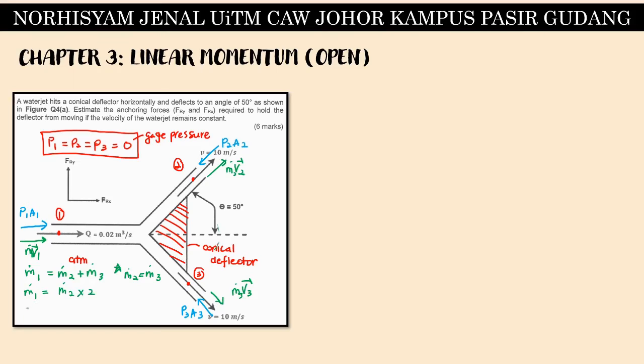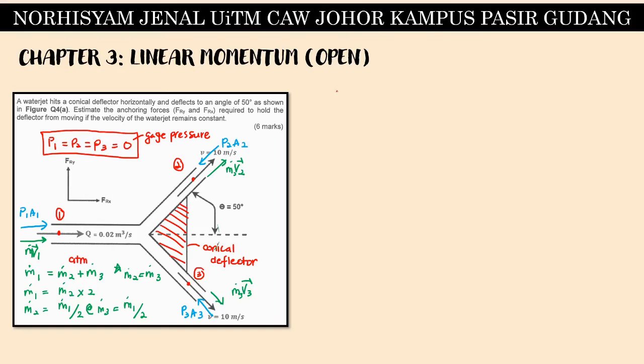So m dot 2 is equal to m dot 1 divided by 2, and m dot 3 is also equal to m dot 1 divided by 2. Why? Because as I said just now, m dot 2 is equal to m dot 3. So the mass flow rate here should be twice the mass flow rate on point 2 and point 3.